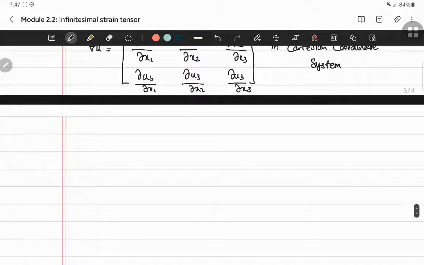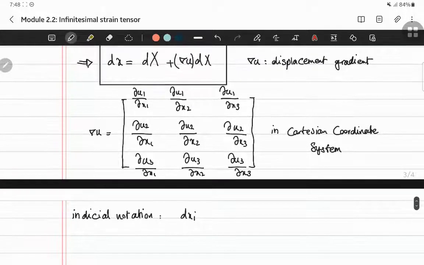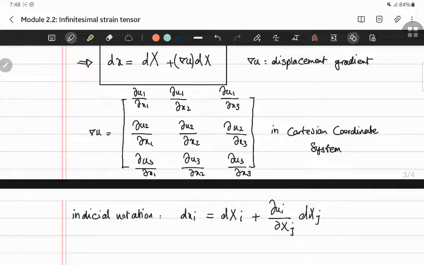Or in indicial notation, you know that dxi basically is a vector, so you have dXi plus, and del u is nothing but the partial derivative of ui with respect to Xj, dXj. This is also important.